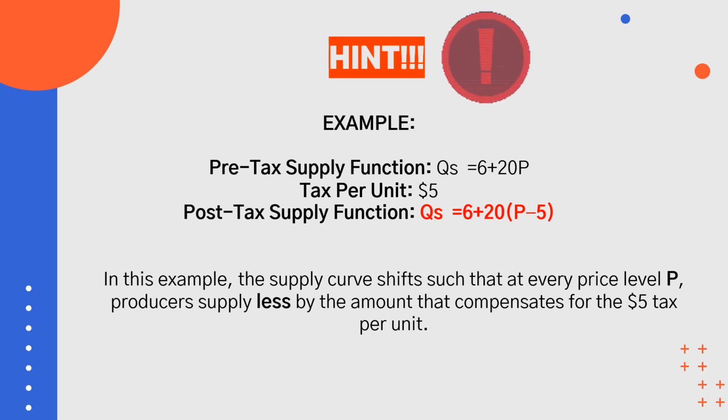Some people just add minus 5 in the end of the equation. This is not right. So open up the brackets, p minus 5. So 20 can be attributed to both p and minus 5. That's how it's working. So open the brackets. It's very important.